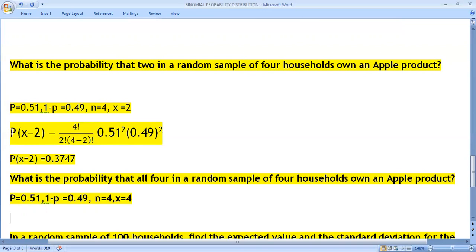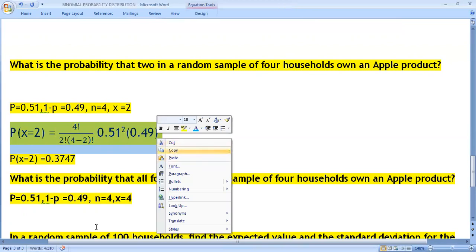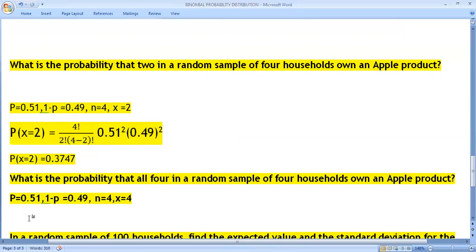We still use our formula of calculating probabilities under a binomial experiment.